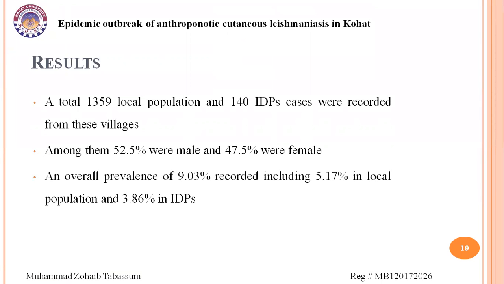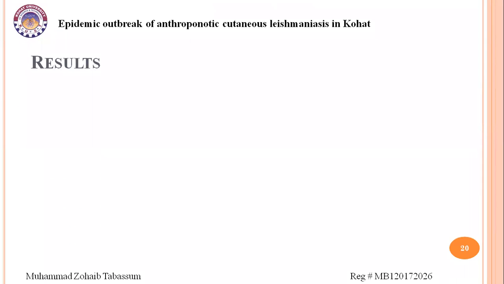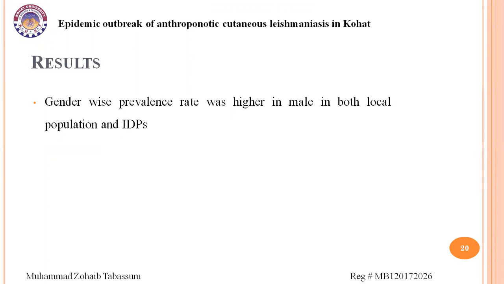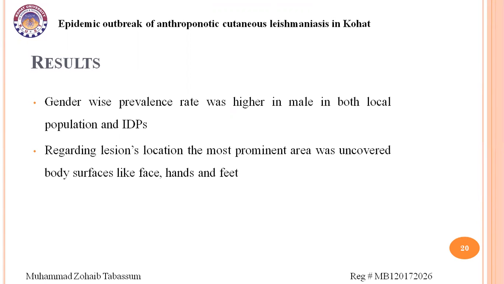An overall prevalence of 9.03% was recorded, including 5.1% in the local population and 3.86% in IDPs. Gender-wise prevalence rate was higher in males in both the local population and IDPs. Regarding lesion location, the most prominent area was uncovered body surfaces like face, hands, and feet.